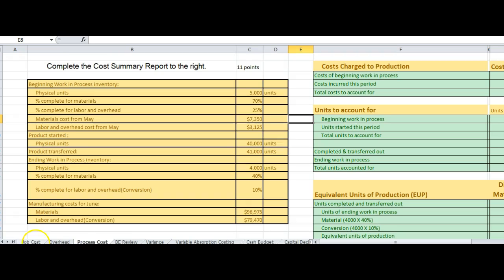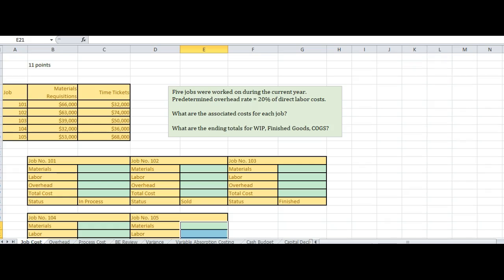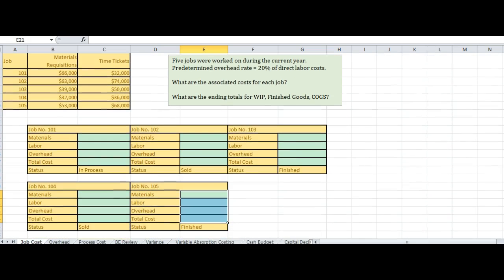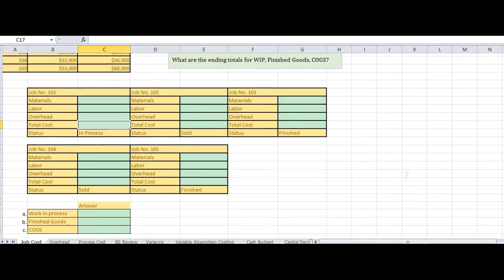So let's get back to job cost. And this is your final assignment for the review. We're going to ask you to put all of these costs into the proper area, apply the direct labor cost, and apply the overhead rate, and come up with a total cost for each one of these.